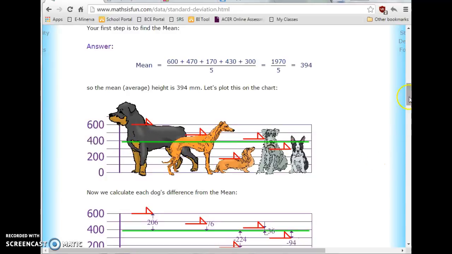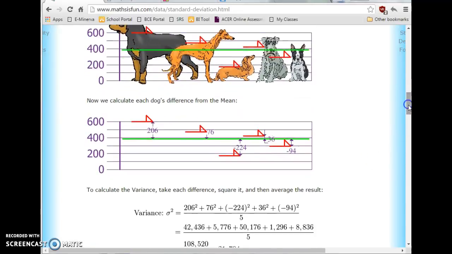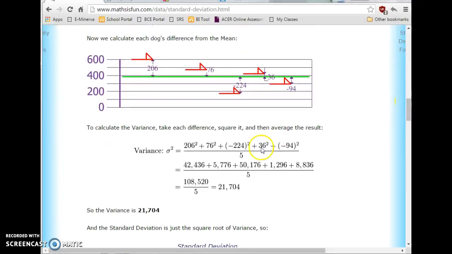Okay, then go and actually work out how far away each dog is from the mean, whether it's minus 224 or positive 76. Okay, do some maths, which in this case is squaring all of those numbers, adding them together, and dividing.